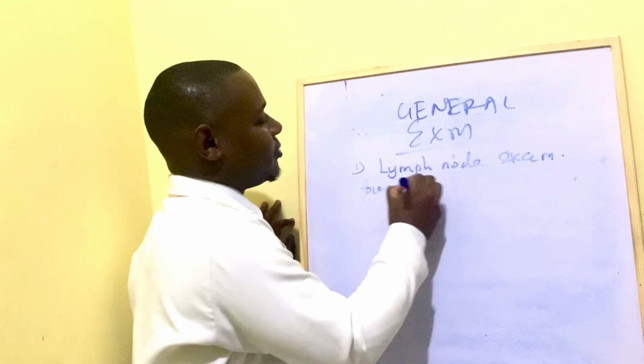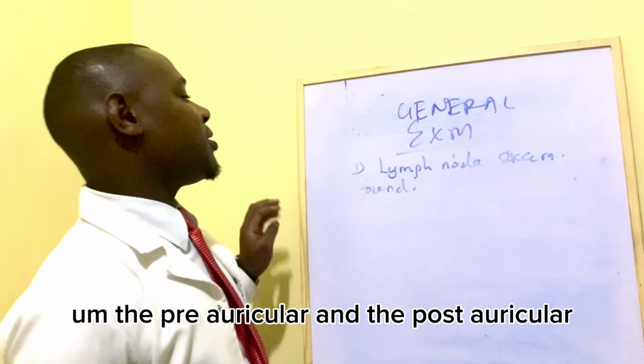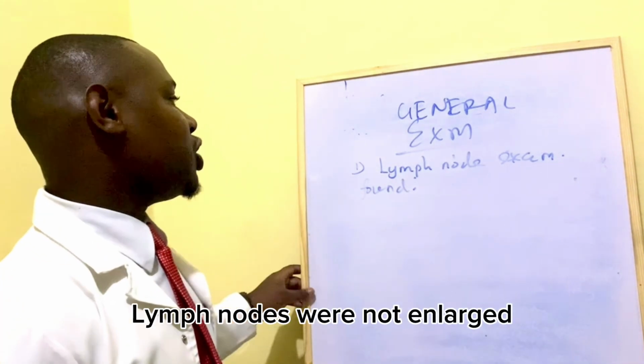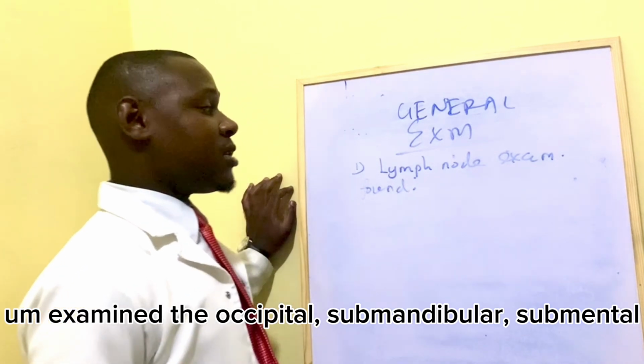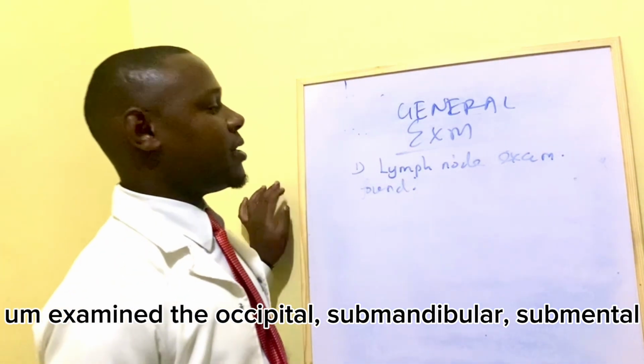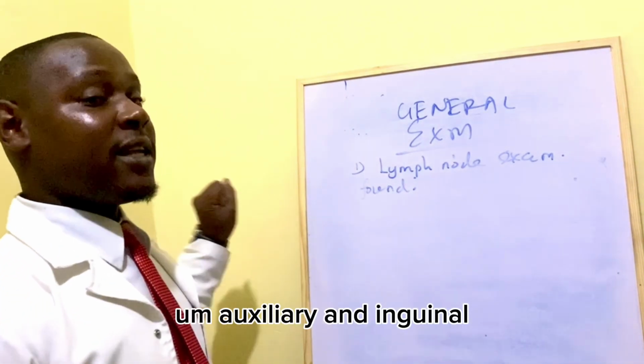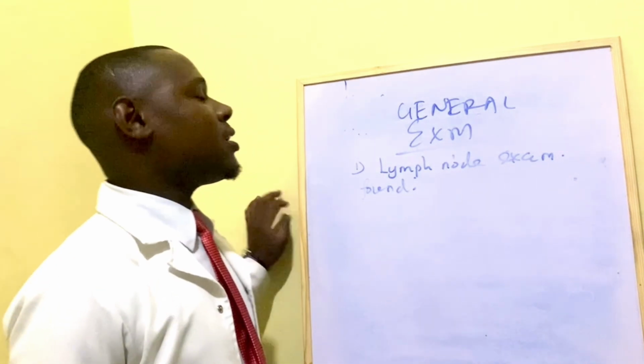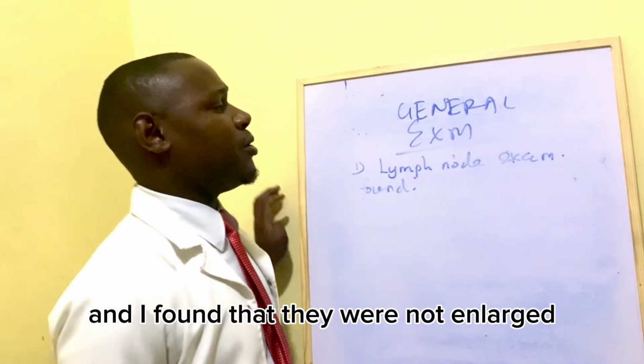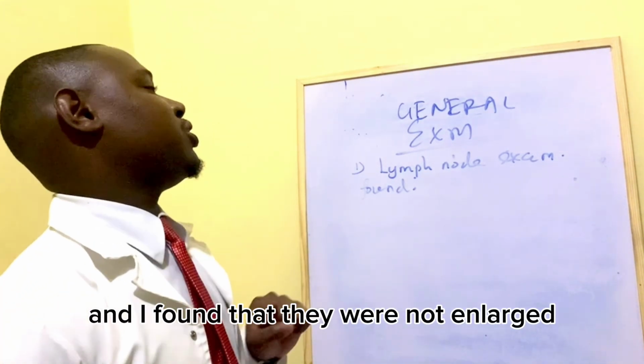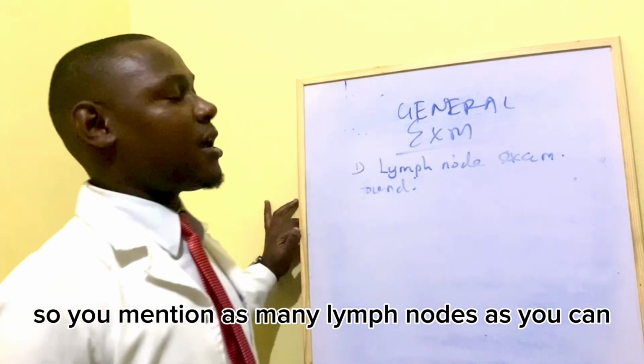I found the preauricular and the postauricular lymph nodes were not enlarged. Examined the occipital, submandibular, submental, axillary, inguinal, and I found that they were not enlarged. So you mention as many lymph nodes as you can.